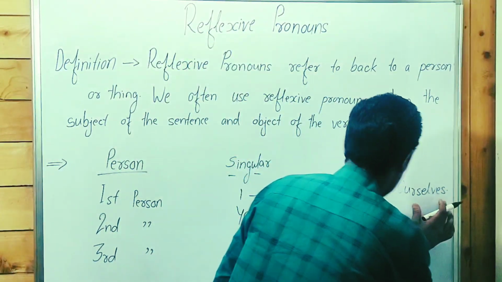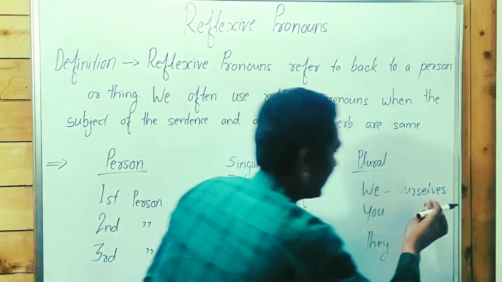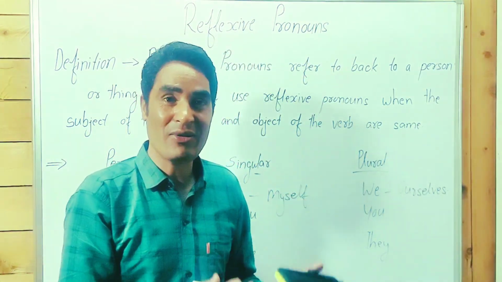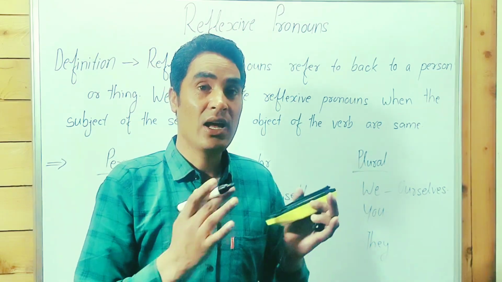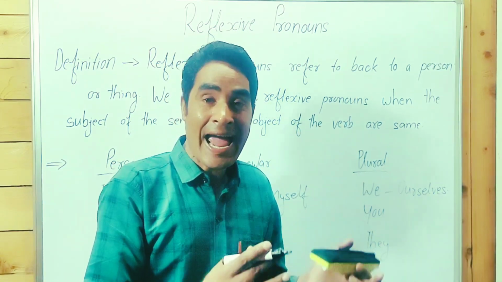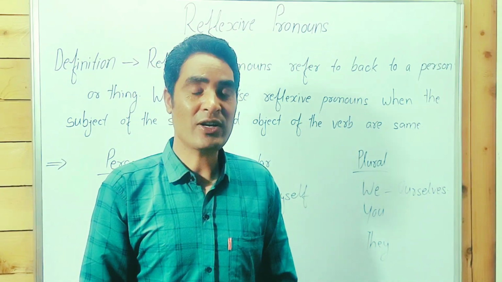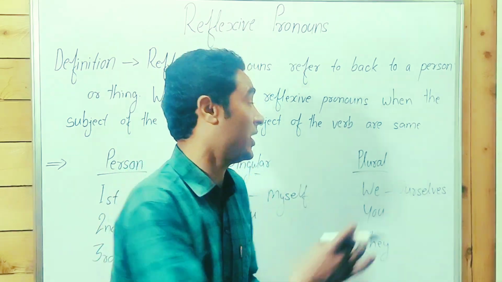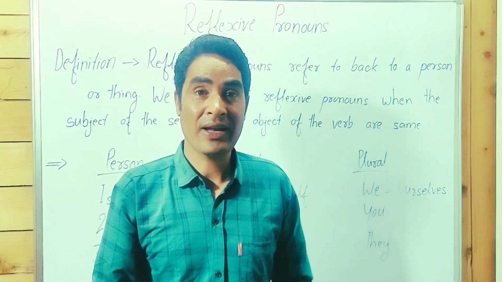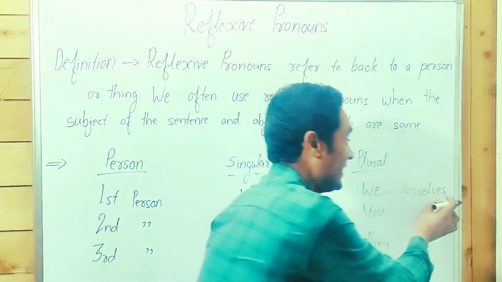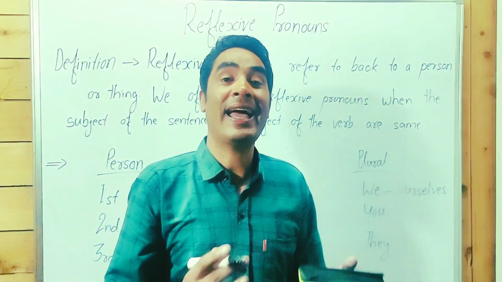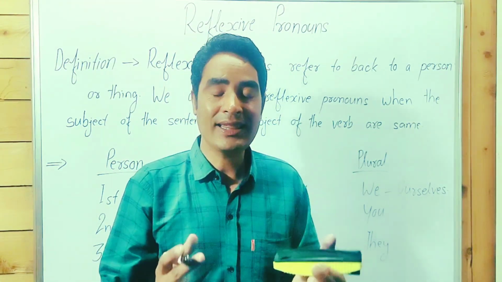So guys, you have noticed over here self and selves. Why? Because you know very well about nouns. Some nouns which end with f or fe form the plural by removing f and adding ves at the end of the noun.